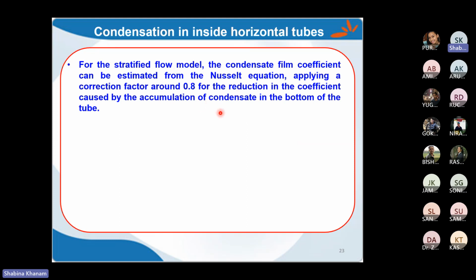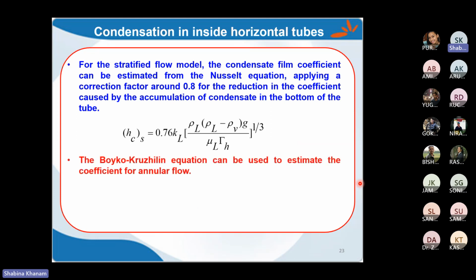So the heat transfer coefficient will be corrected by this factor 0.8. So the expression would be 0.76 and all. This is for stratified flow. Where does 0.76 come from? 0.95 into 0.8. Sorry, this is for stratified flow.